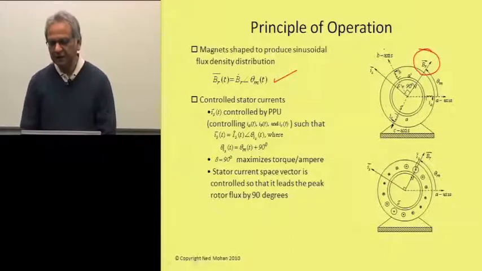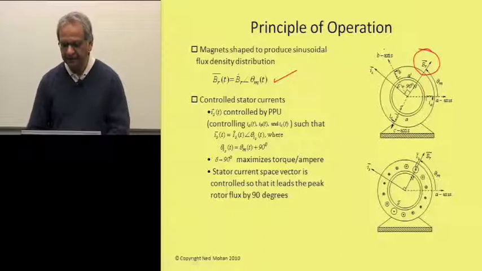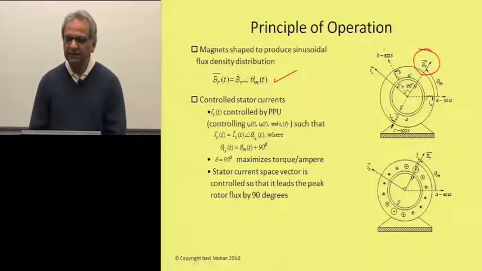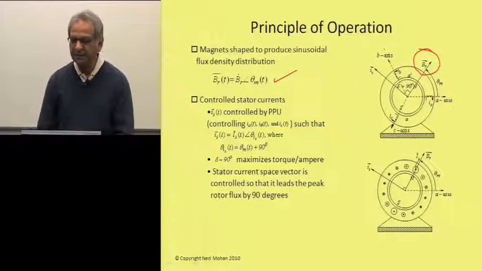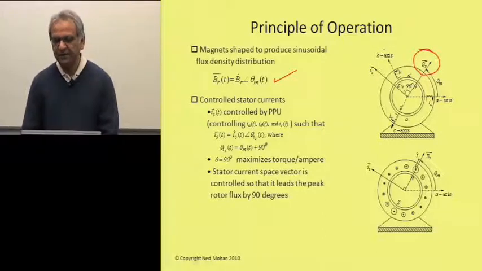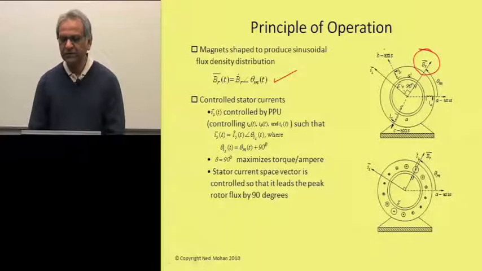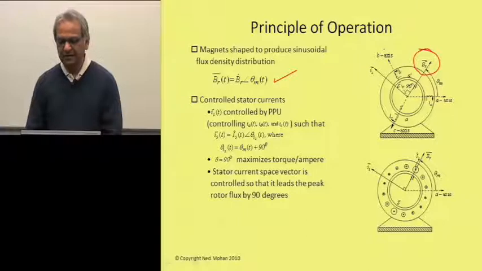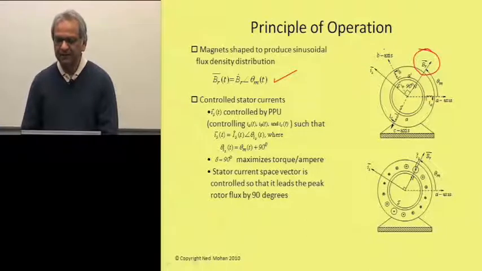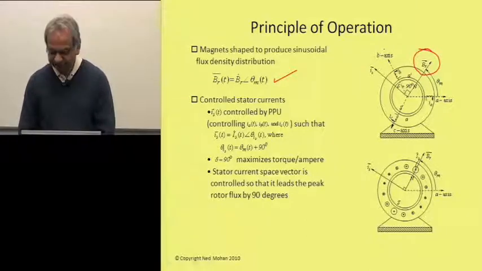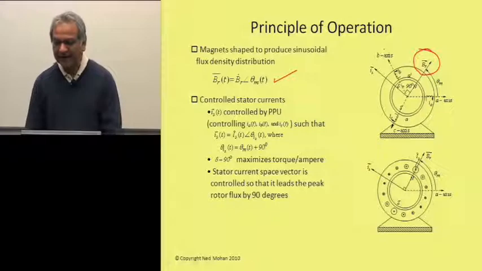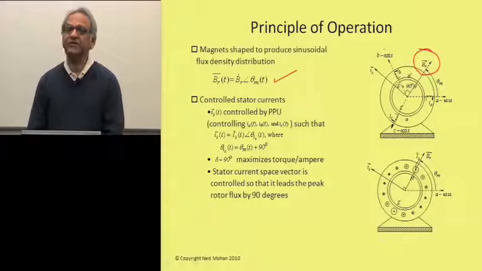What we would like to do, as we'll show in this slide as well as the next, is that in order to get the maximum torque per ampere, we should place the stator current space vector 90 degrees ahead of the rotor flux density space vector, 90 degrees ahead, in the direction of rotation.